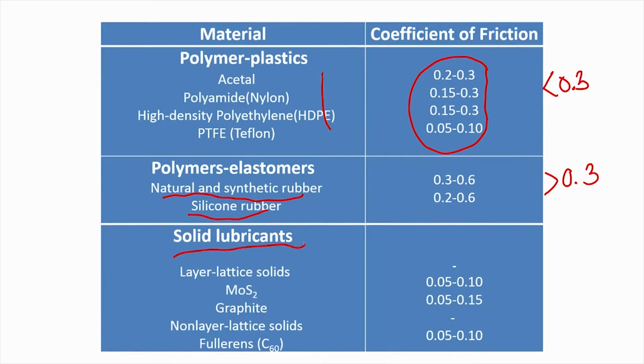If you go to solid lubricants like MoS2, molybdenum sulfide, graphite, fullerenes, C60 and so on, it is mostly less than 0.1.